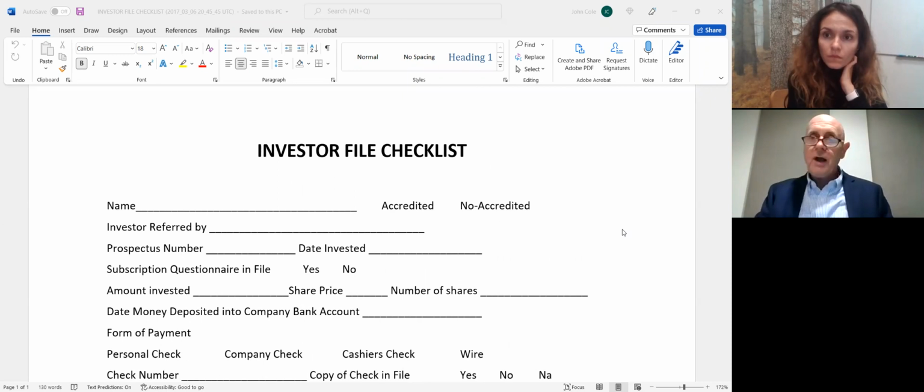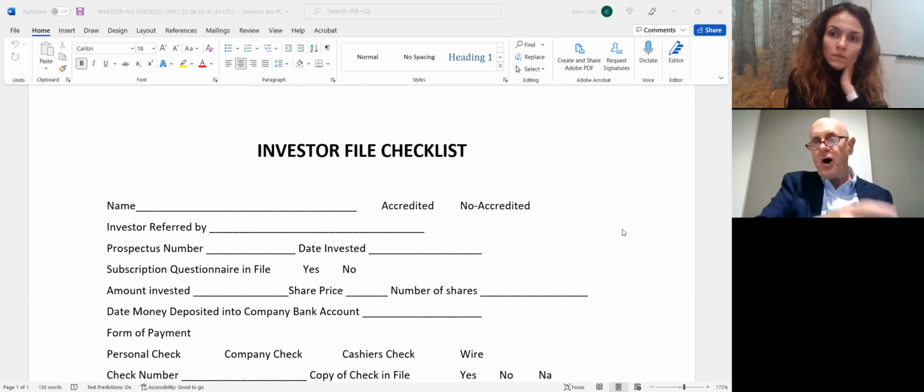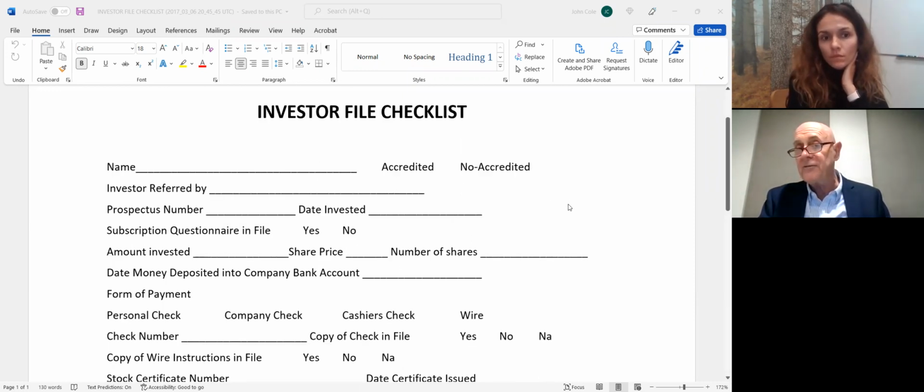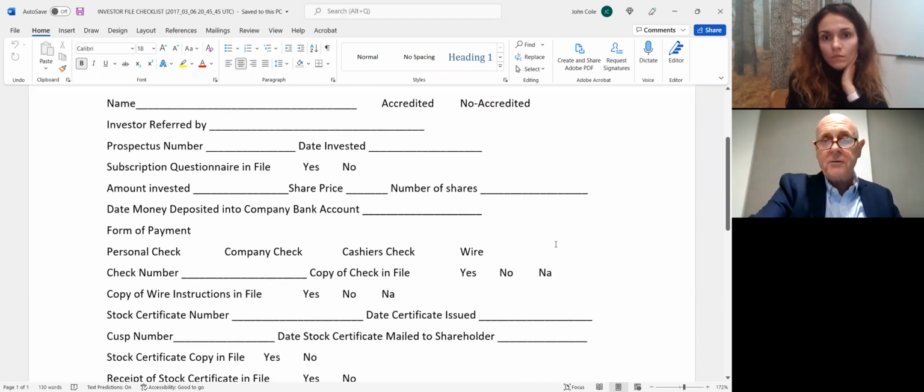You want to be audit ready because at some point you're probably going to go to your bookkeeper or your CPA or your accounting firm, and you're going to move away from being an unaudited company to an audited company, meaning your tax returns being audited. You want to have all this information in here, and your CPA or your auditing firm is going to ask for it.